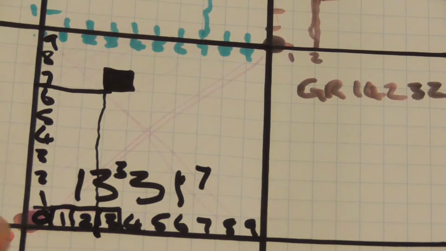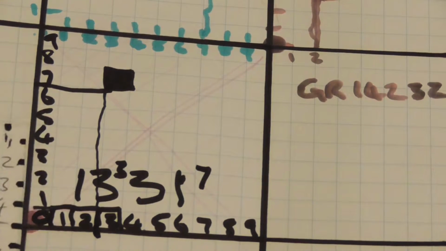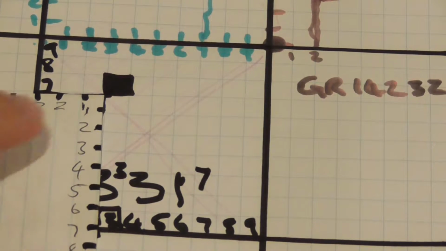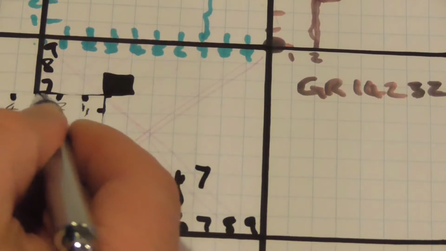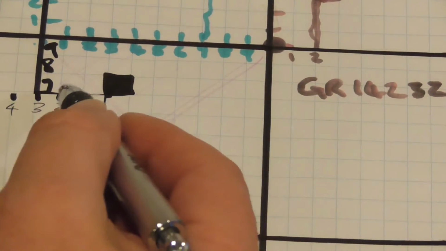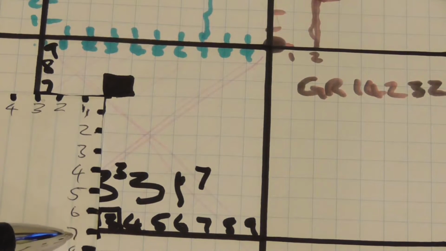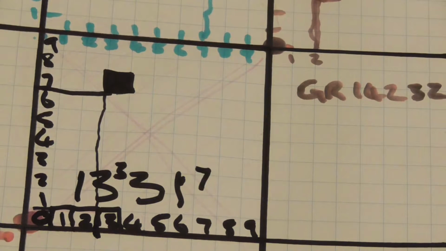This is grid square 1 3 3 1, and we put our Roma on where the bottom left hand corner of the box is, and we read this off as 1 3 3 3 1 7. So it's a really fast way to find a box.